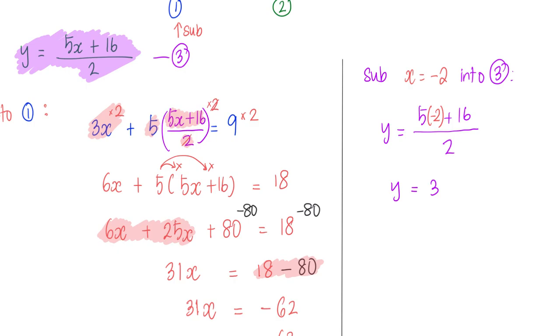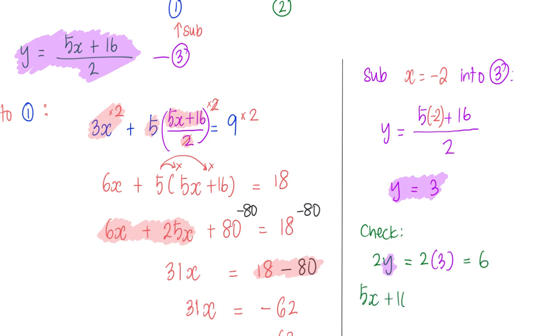Last but not least, to do a quick check, substitute back into equation 2 or equation 1. So equation 2 states that 2y equals 5x plus 16. Let me check what is my 2y. My 2y is 2 times 3, y is 3 that we have gotten. 2 times 3 will be equal to 6.